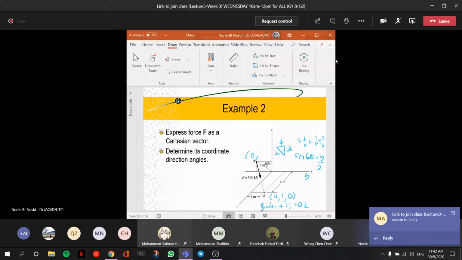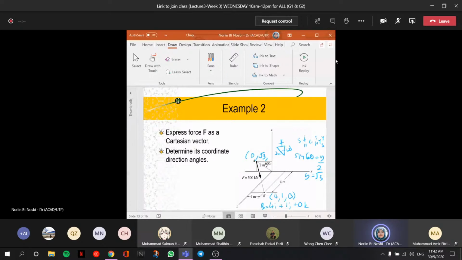So y equals 2 times sine 60, using your calculator, 1.73, or you can write it as root 3.